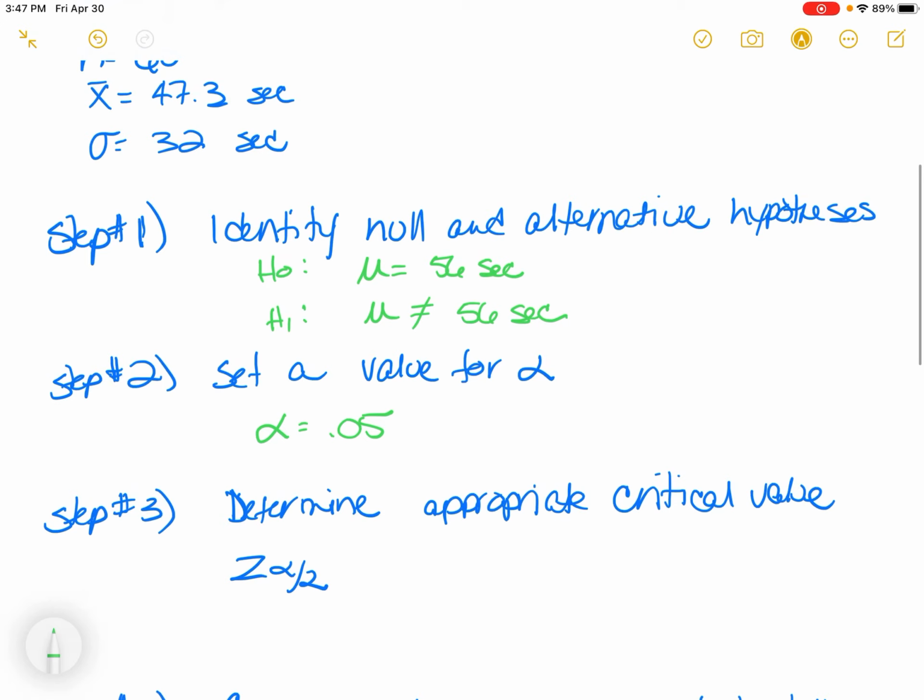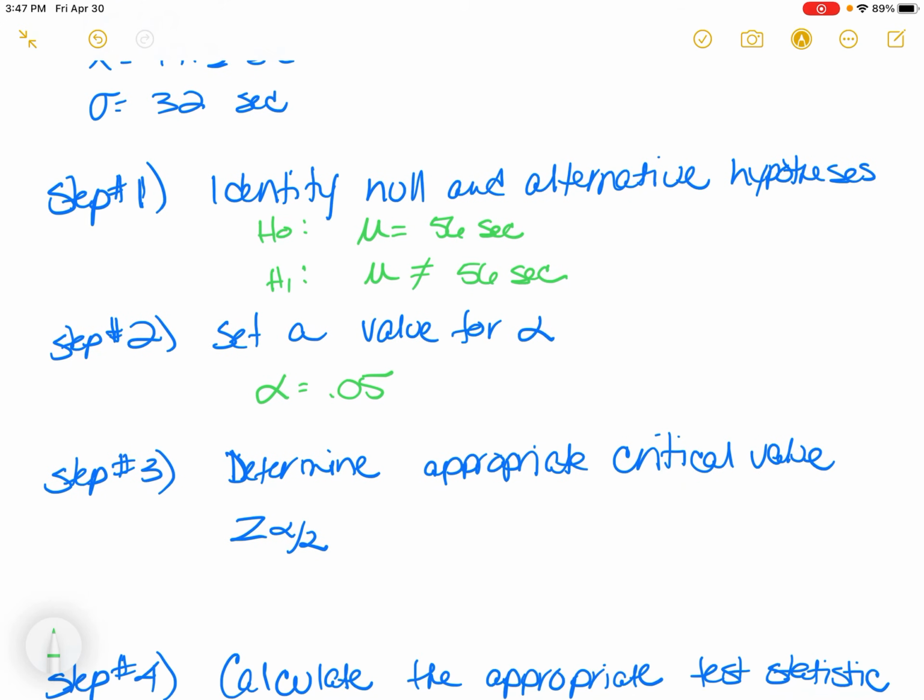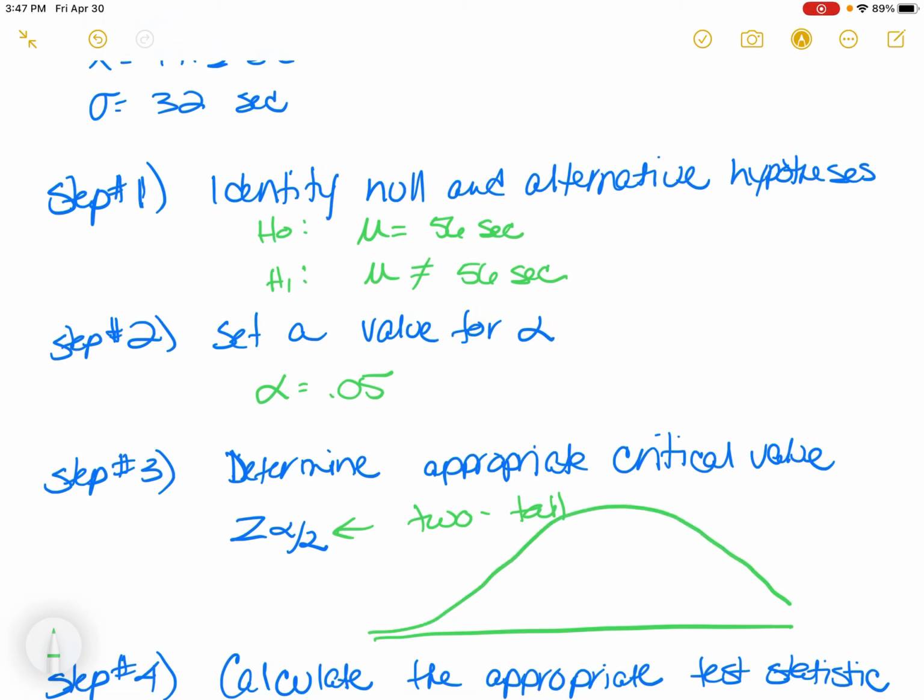Okay, so then because this is a two-tailed test, right? And by two-tail, we talked about this earlier in the chapter. This is mu. If it's equal to or not equal to, it is a two-tailed test.